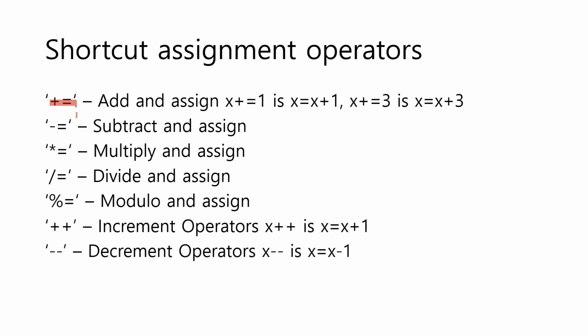It adds, then assigns. What it basically does is when you write x += 1, it basically means x = x + 1. When x += 3, it just means x = x + 3. So if the initial value of x was 2, for example, and x += 3, the next x value will be 5.